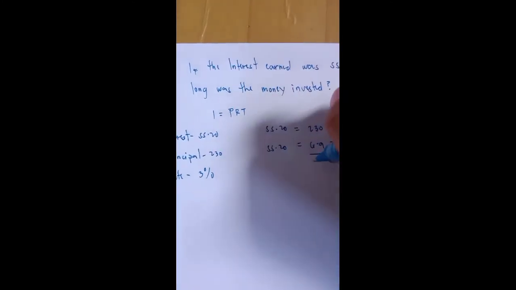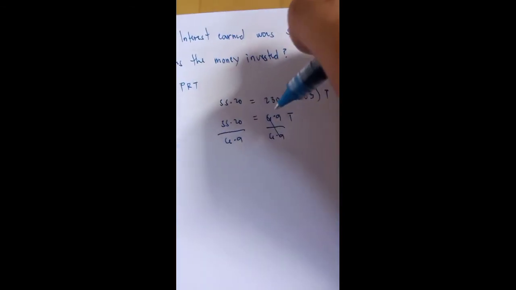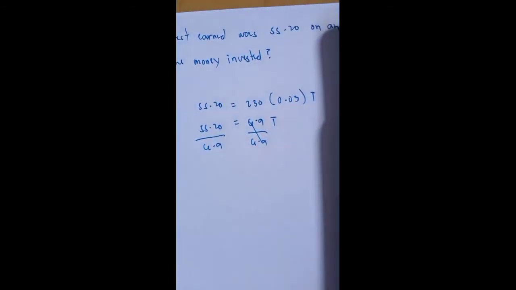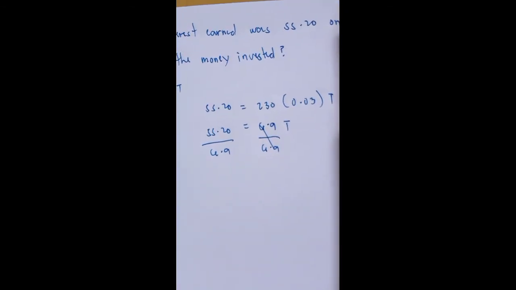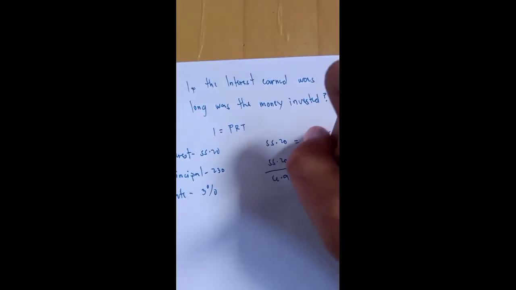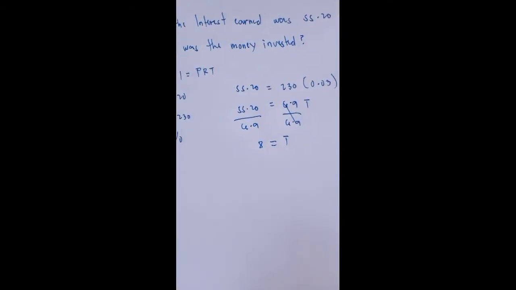So 55.20 divided by 6.9 will be 8. So the time is 8.